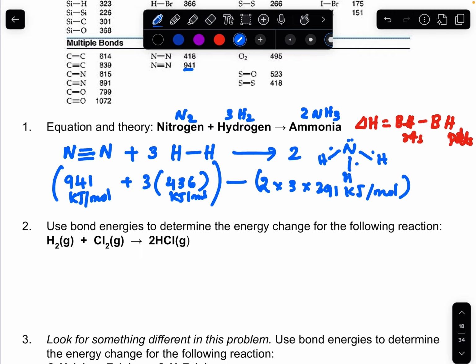Let's do the calculation. The final answer you will get is 97. Delta H is equal to 97 kilojoules per mole.